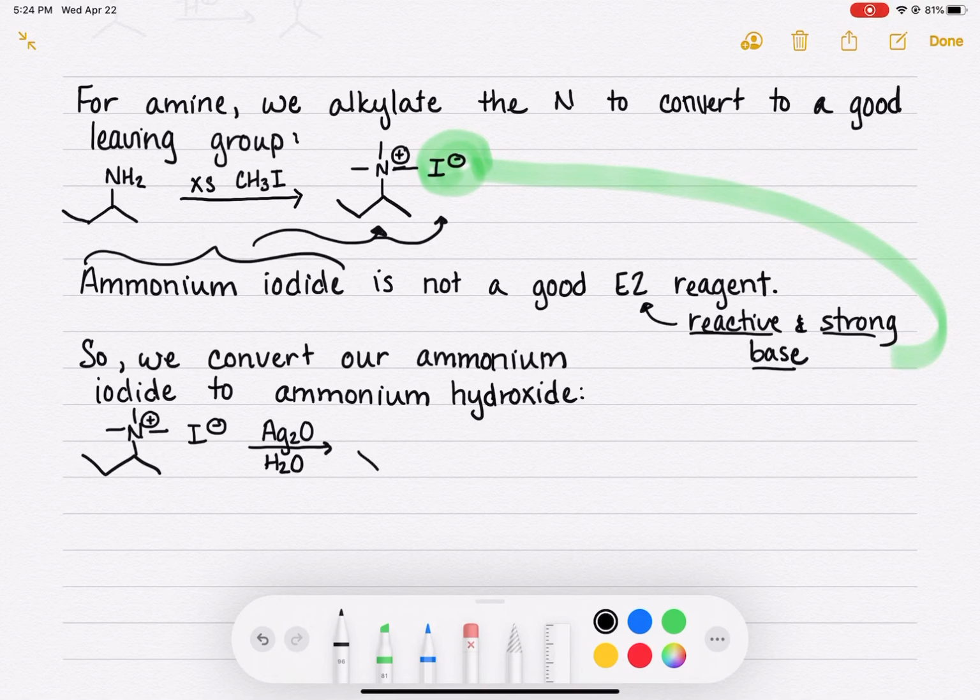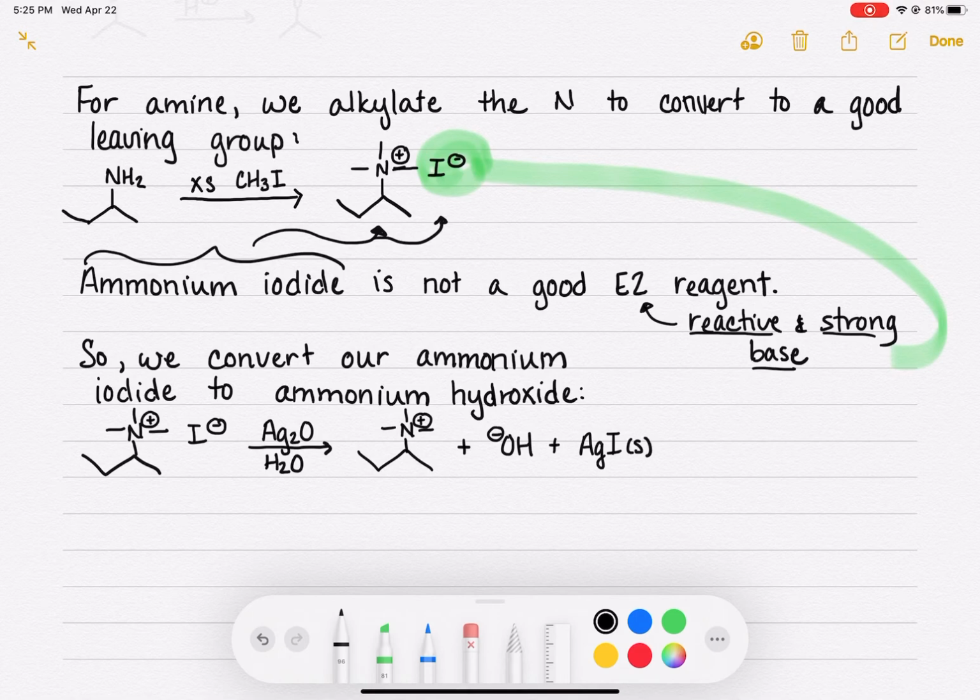And this does not have any effect on the ammonium part of this compound, so we still have the exact same organic. It converts the anion from iodide to hydroxide because the silver iodide, AgI, is an insoluble precipitate.